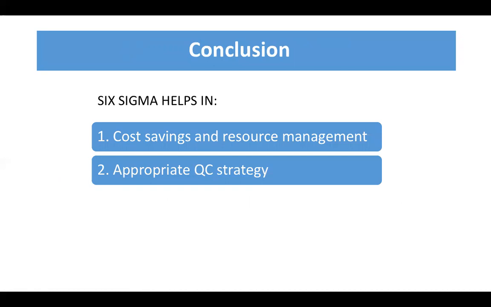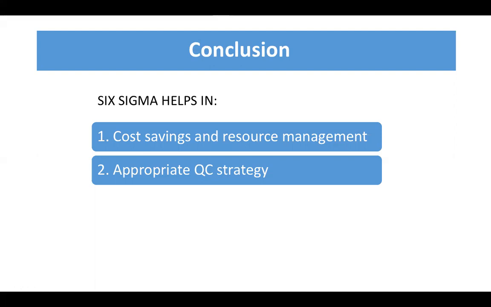In conclusion, what we can say, Six Sigma helps in developing an appropriate QC strategy and also in cost savings and resource management. We have to understand how we can apply this in different situations. This is helpful for hospitals also, because it was started in Motorola.